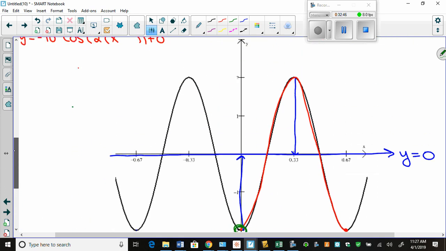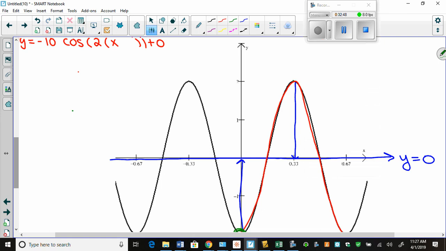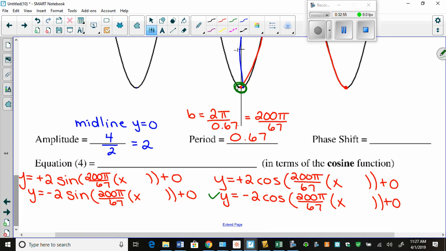My positive cos, though, are my maximums on it? No, but they're both equidistant away, 0.33. So I could go x minus 0.33, and that would be the 0.33 to the right. Or you could have went x plus 0.33, and that'd be the 0.33 to the left, right? So when you're looking for the C value of cos positive, you look for the closest max. And when you're looking for the C value of cos negative, like the negative A value, you look for the closest min. That's it, from the y-axis.